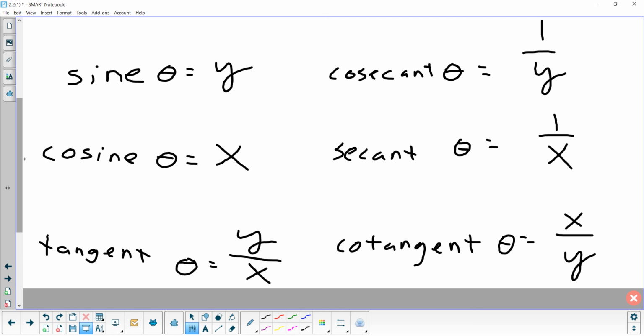If you notice here, we're not going to talk about this too much, but since it just got brought up, there are 3 trig functions that have the word co in front of them, and 3 that don't. If you pair up sine with cosine, that's a different connection. But these 2 are connected to each other. Just look at the spelling. One has co in front of it, one doesn't. That means something. But we'll talk about what are called co-functions probably next week.